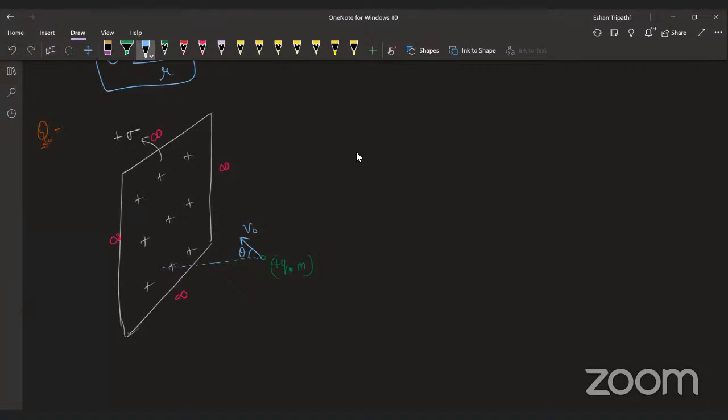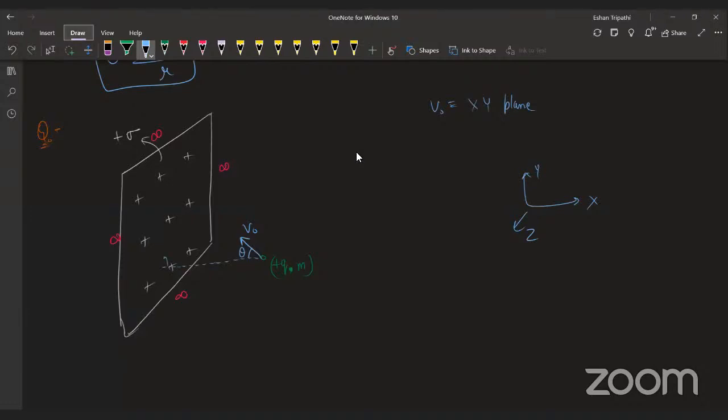So guys, this V naught is only in the XY plane. It's not in the Z plane, so don't worry about that. X, Y, Z is outwards. So V naught is only in the XY plane. I hope you guys are able to visualize it.